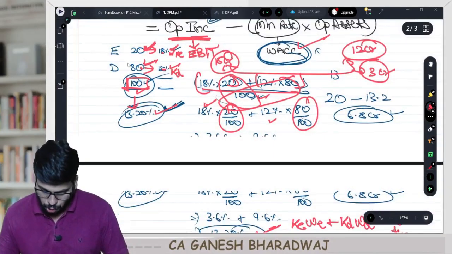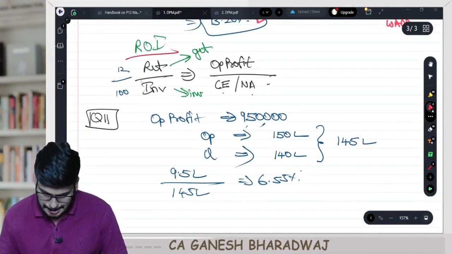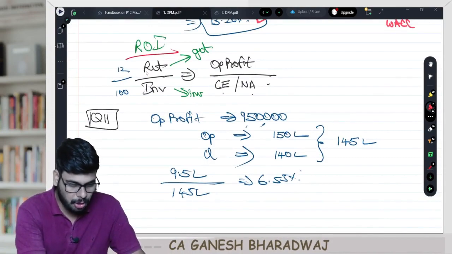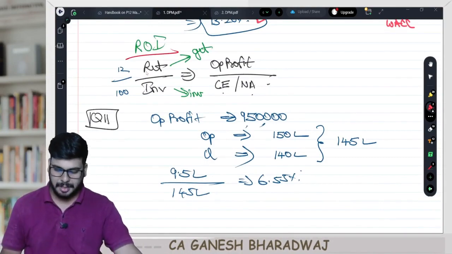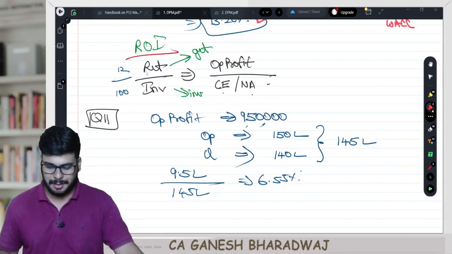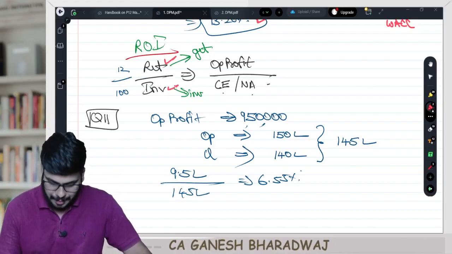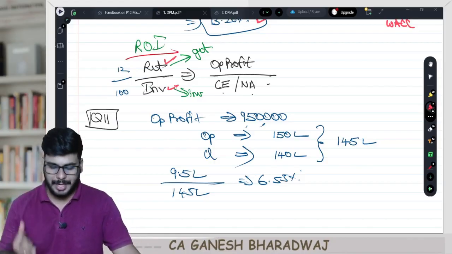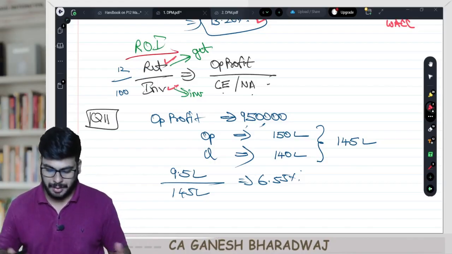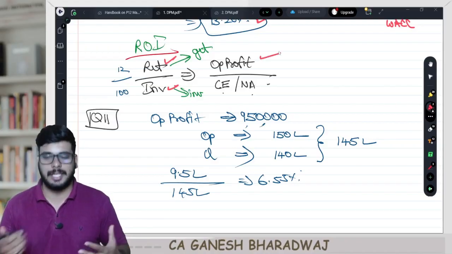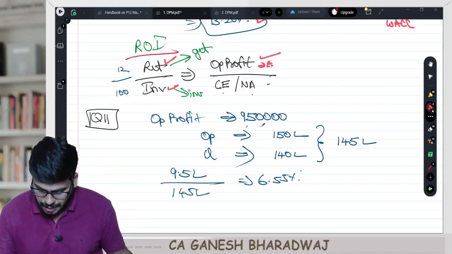Now let's quickly move on to the next concept, which is return on investment. So what do you mean by return on investment? As you know from the words, return on investment is the return divided by investment. That is what I get upon what I give, that is, what I invest. Here it's nothing but the operating profit, that is nothing but EBIT, right?